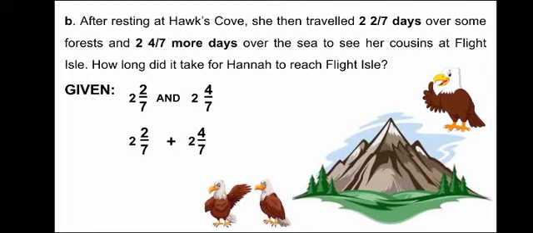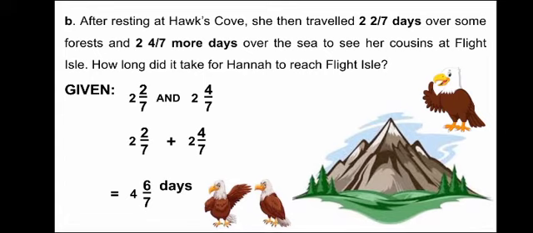Okay, we have here the 2 and 2 whole number. So 2 plus 2 is equals to 4. Very good. Now we're just gonna copy the denominator 7. What we have left again is the numerator. So 2 plus 4 is equal to 6.